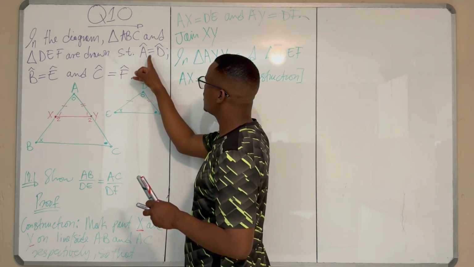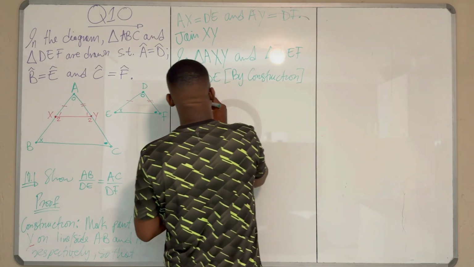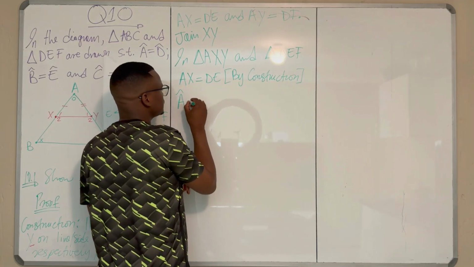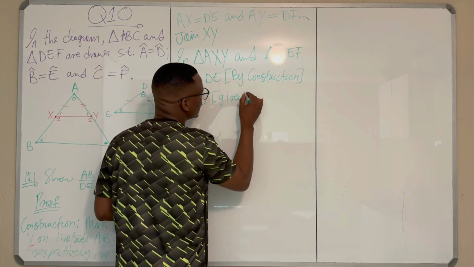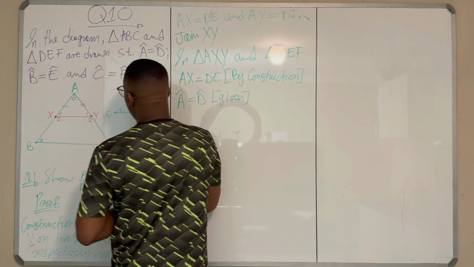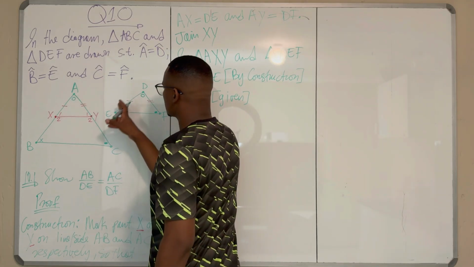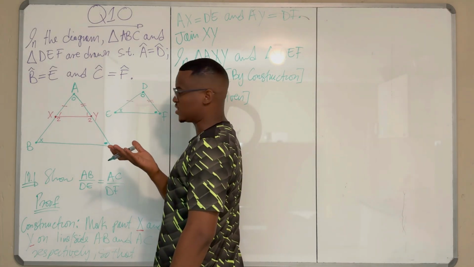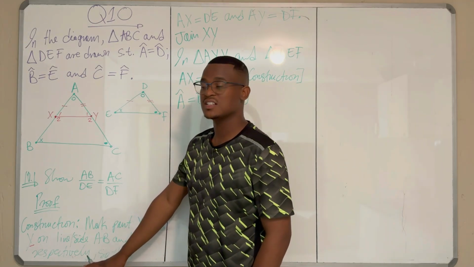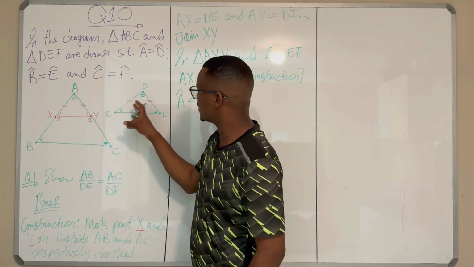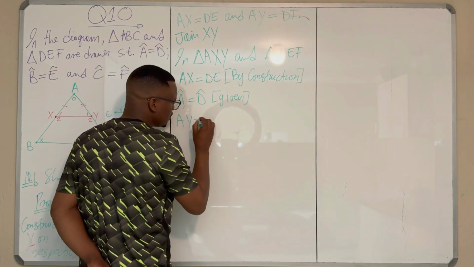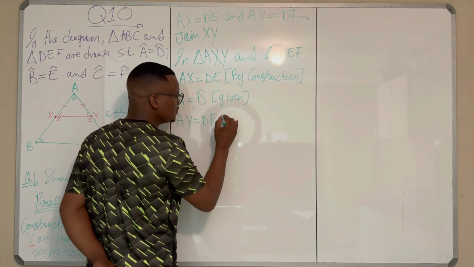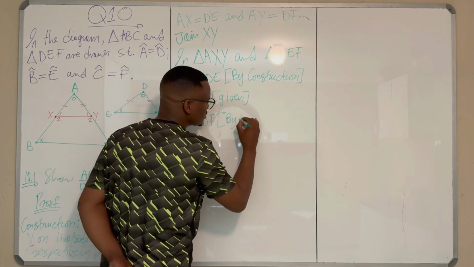So our angle A is called angle D. This was given information. And our AY is equal to DF. That is part of my construction as well, because I've constructed AY so that it is equal to DF. So our AY is equal to DF by construction.